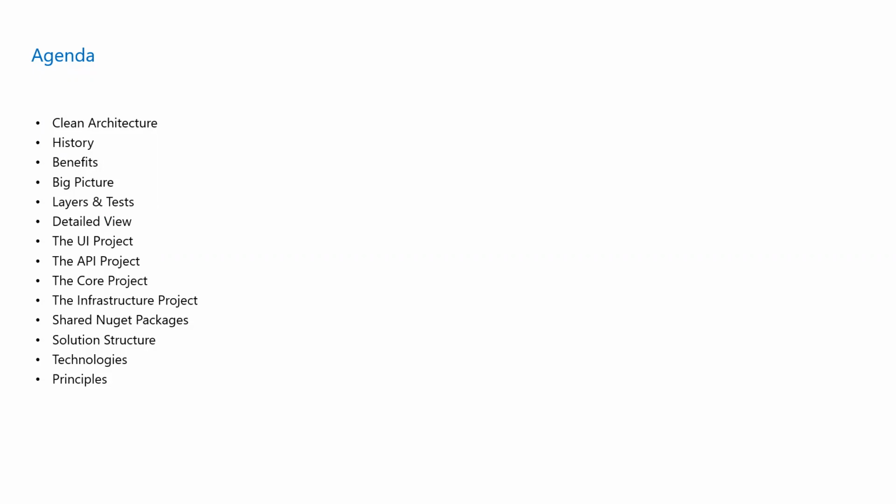Then the core project, which is the primary application core we will be talking about, focusing more on the core project and the infrastructure project. And if you have shared components, where those shared components will fit in the clean architecture, and the actual solution structure will be covered as part of this course.